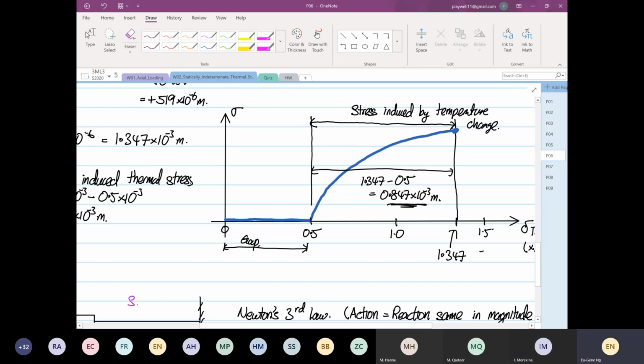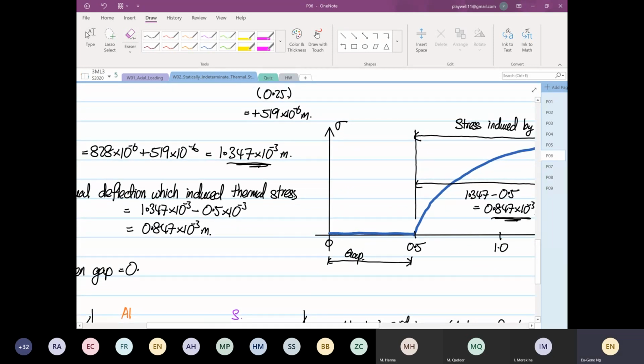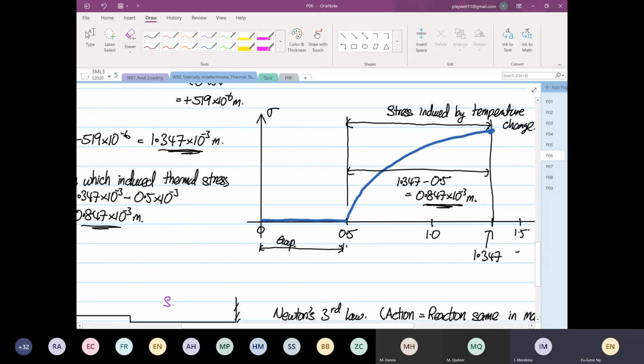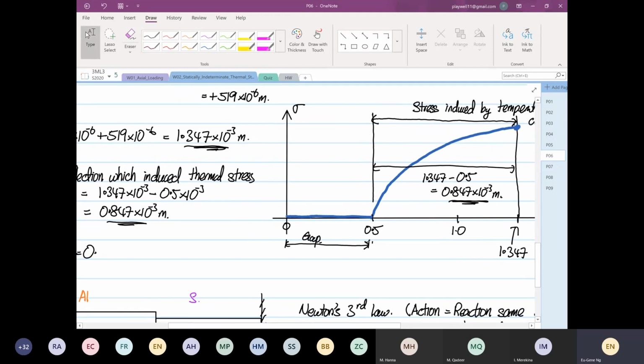That's why we took a distance of 0.847. We did not use 1.347, did we? We have to use 0.847 because of the gap. Is 0.847 the delta T, the actual deflection? The actual deflection that this thing is going to see is 1.347, but we don't use it.